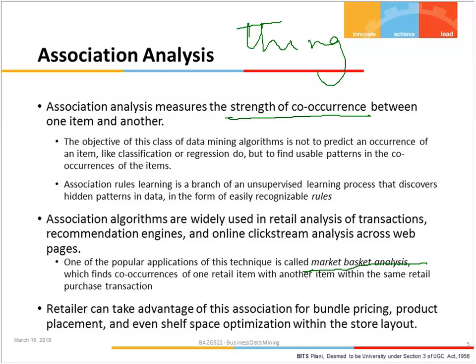While the classic problem is the market basket, there can be many other problems which can be defined as a problem of association. For example, if you want to find out the school children who have interest in reading books, do they have interest in playing video games? Is there a strong co-occurrence between the two?